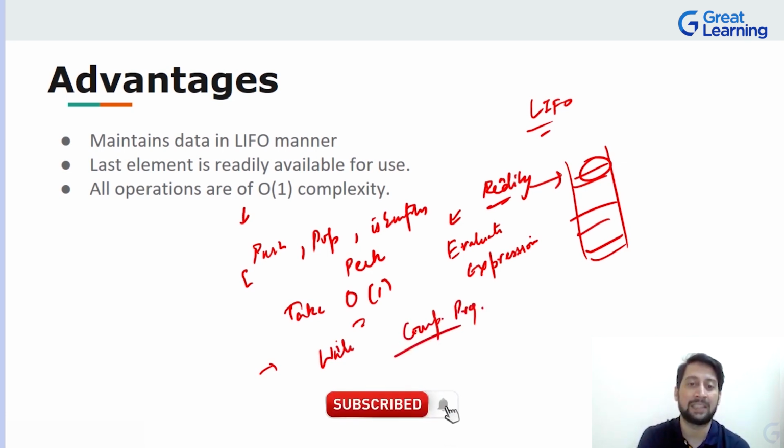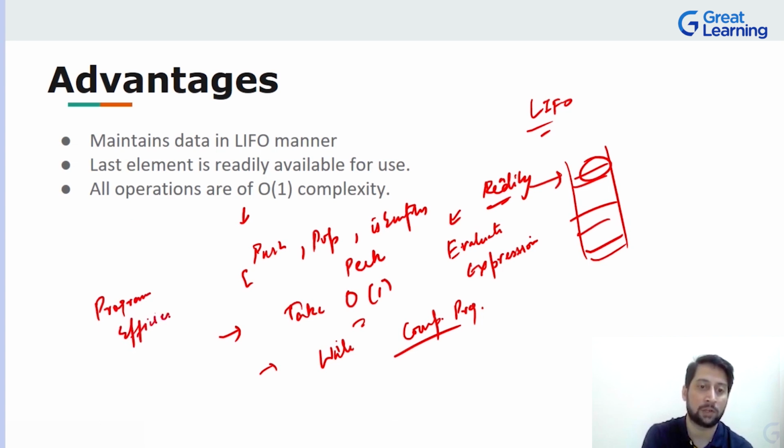At that time, it is very important that you program in the most efficient way. It is very crucial for your selection in competitive programming. Since all the operations are performed in constant time, the stack is used often in competitive programming.